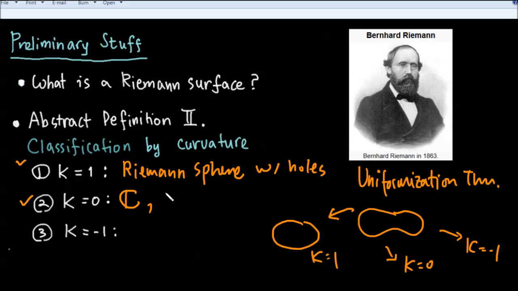K equals 0, the flat one, we've already seen as the complex plane. Another one we saw was z squared plus w squared equals 1, which is holomorphic to the punctured plane. And one last one is the complex Riemann surface with one handle. Maybe it has some holes here and there if it's not compact, but under a biholomorphic map, they're all isomorphic to that.